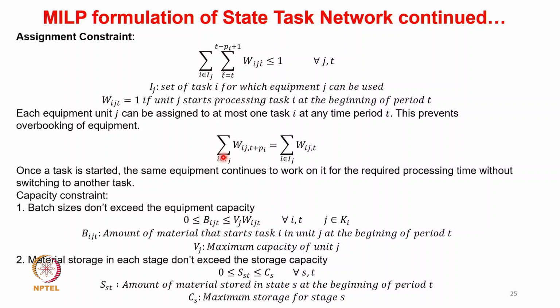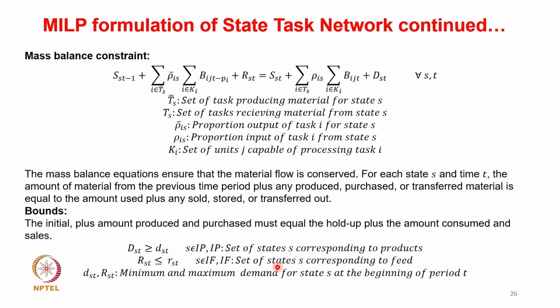Or if it is cooling, or if it is a reaction, you can't break the process in between, and the batch sizes cannot exceed the overall capacity. Vij is the maximum capacity, and material storage must not exceed the storage capacity. Then we have the material balance. The mass balance equation ensures that the material flow is always conserved for a state S and time.